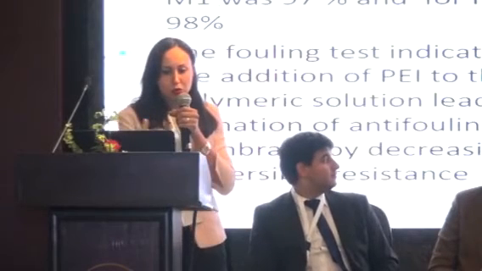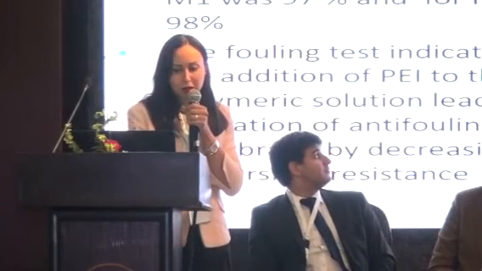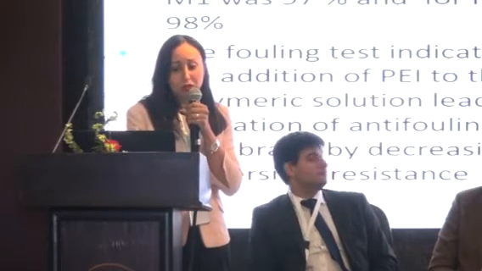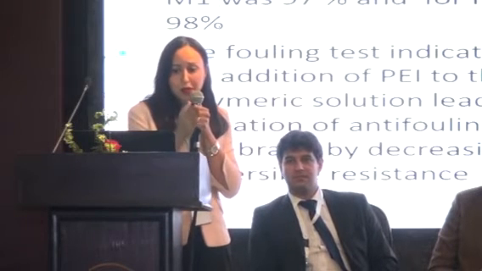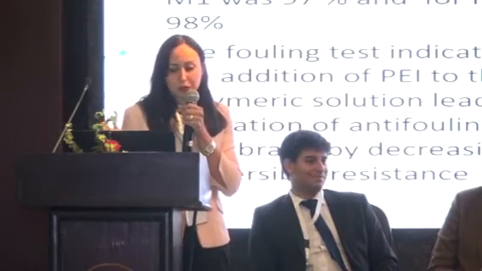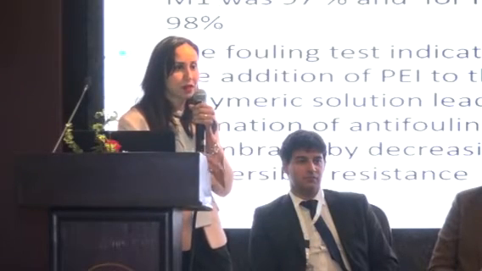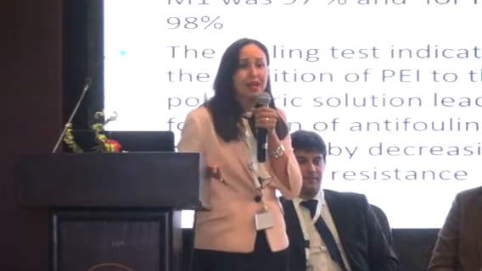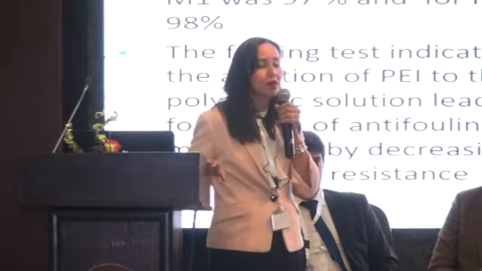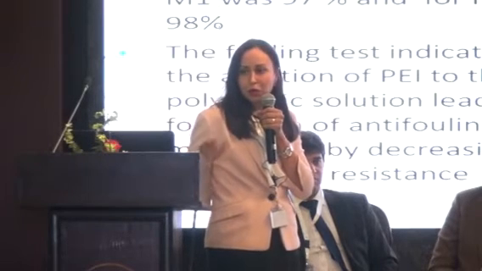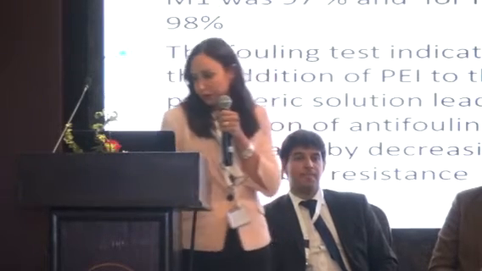But to test this, I measured the reversible fouling ratio. It was 23.9 for the first membrane, without PEI, and 24.6% for membrane number 3, which contains 0.5% PEI, which means you have a very high degree of reversible fouling. And if this membrane is clogged one day, and of course this will happen, you can easily backwash it with distilled water.